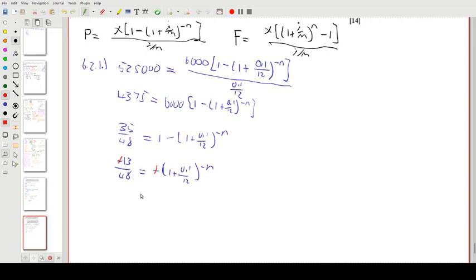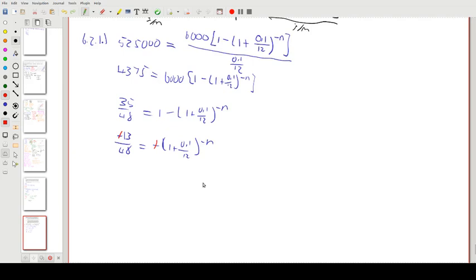What matters is the negatives are now gone. Okay, we have to solve for something that is in an exponent. So the best way to do that is with logarithms. So we'll just take log of both sides. Log of 13 over 48 equals log of 1 plus 0.1 over 12, that's an ugly one, to the negative n.